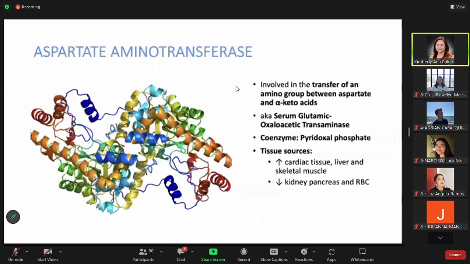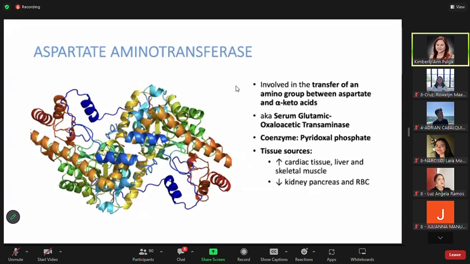Now we have here your aspartate aminotransferase. A while ago, I asked where you remember this test, and you were right: liver function. It is part of the liver function tests.